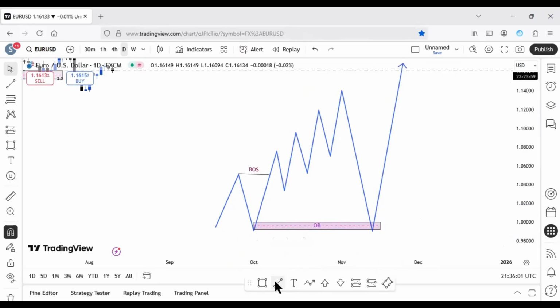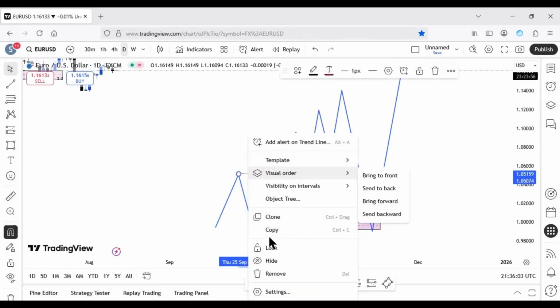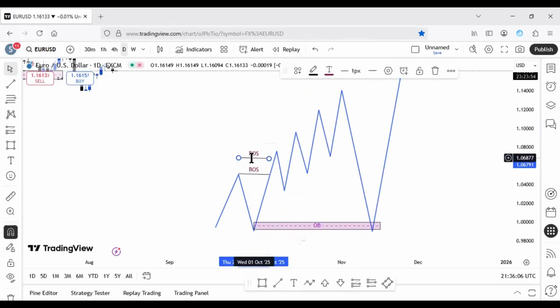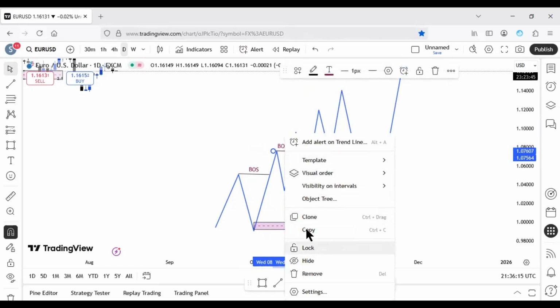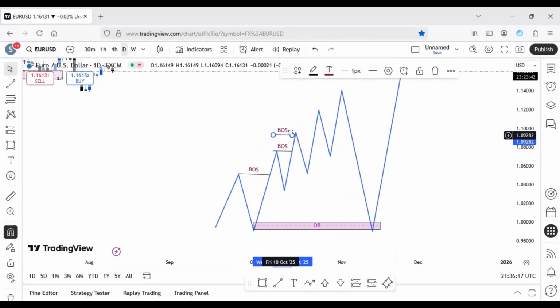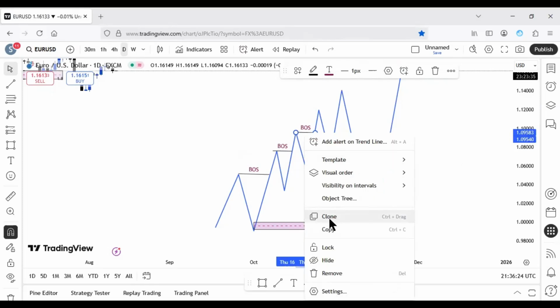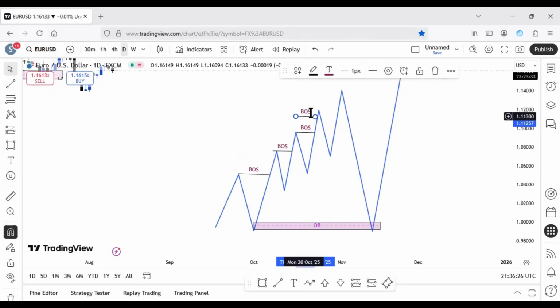And then now you have price breaking structures to the upside. We now have price breaking structures to the upside, like that.